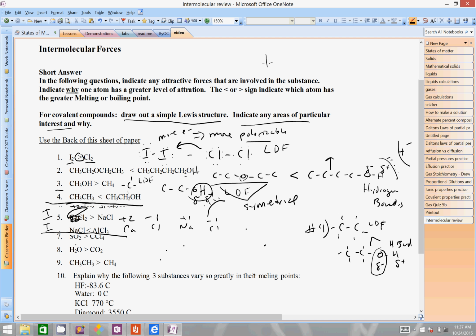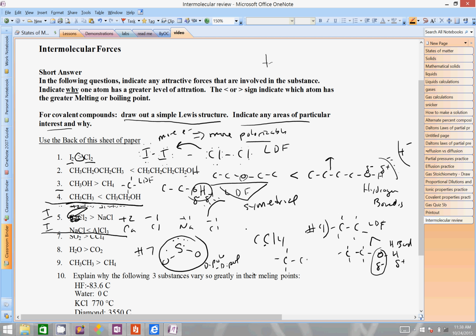Now we're to SO2 and CCl4. I got SO2 looks like this, and has some unbonded pair of electrons here. This is number 7. So in this case we have a stealer and it's bent. Okay, so therefore this thing is going to have dipole-dipole interactions, and the CCl4 is going to have essentially nothing.